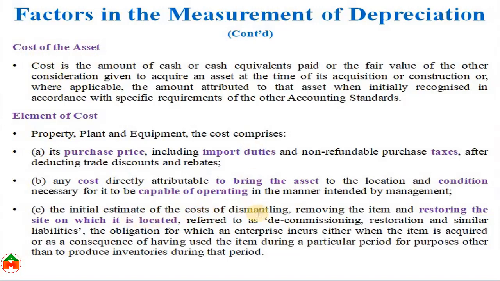We can see the cost of restoring the site on which the fixed asset is located should be also considered as the element of cost. So all the cost should be considered as the cost of the asset or acquisition price of the asset.